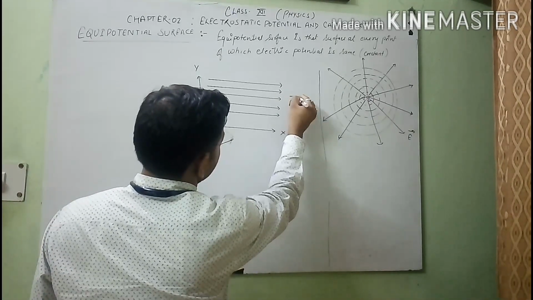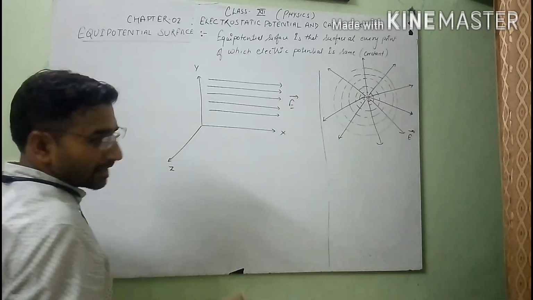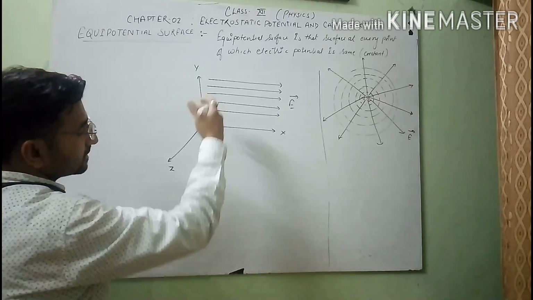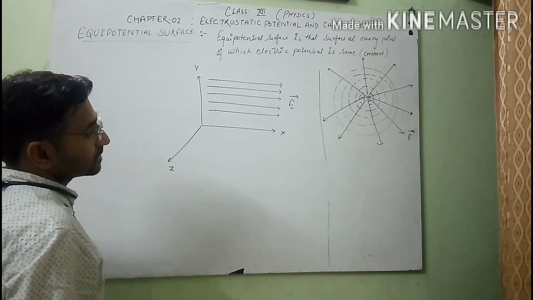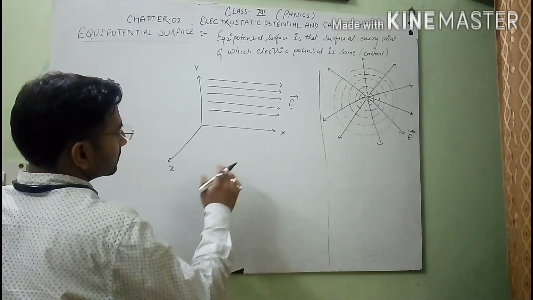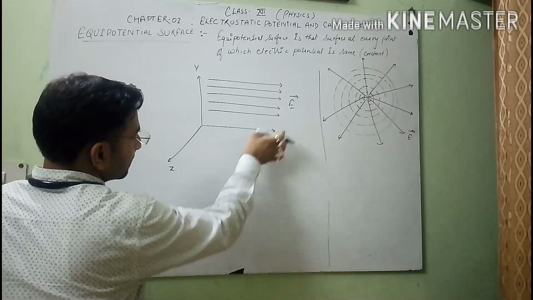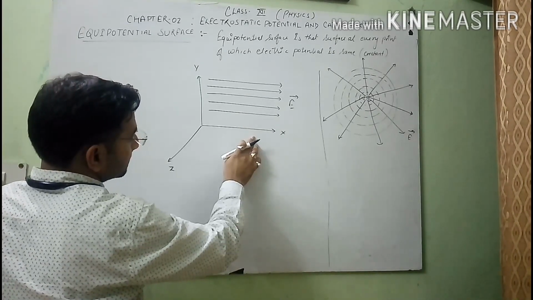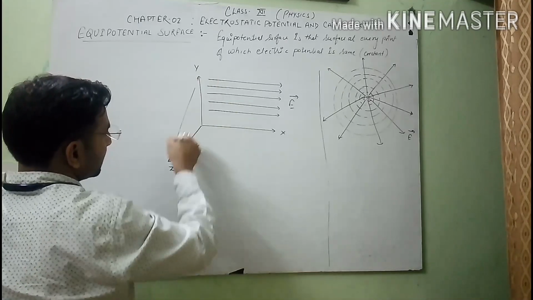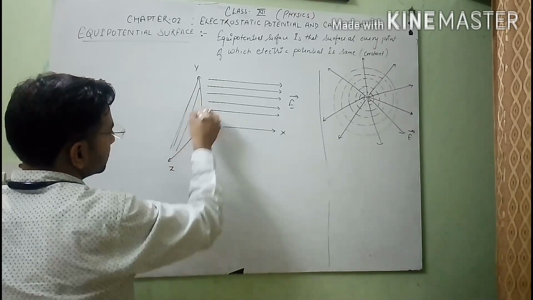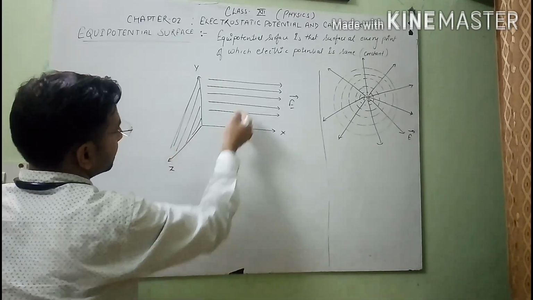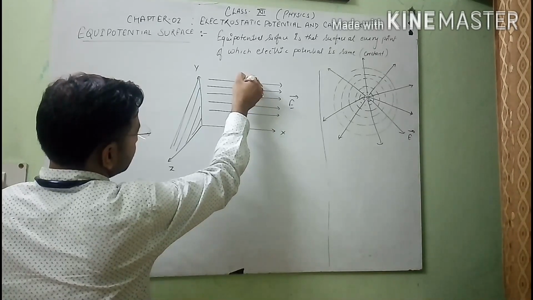So this is the direction of the electric field, and from the previous statements we know that the equipotential surface is normal to the electric field. So we know that the normal to this x-axis is a plane, which is called which plane? YZ plane.